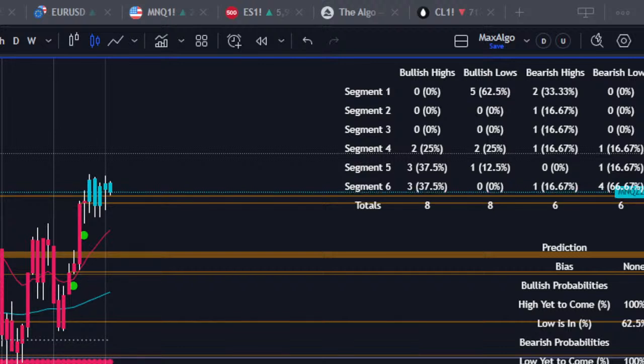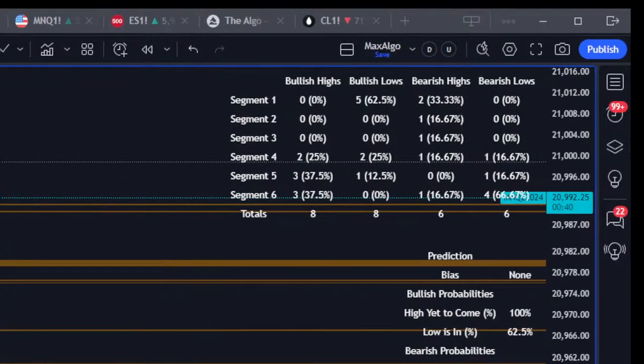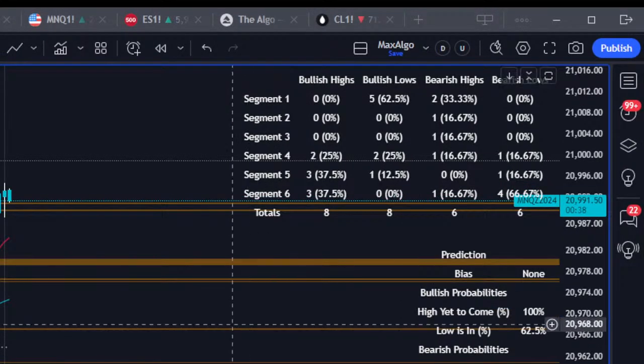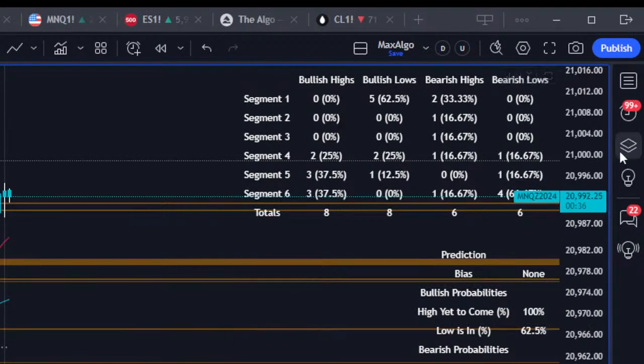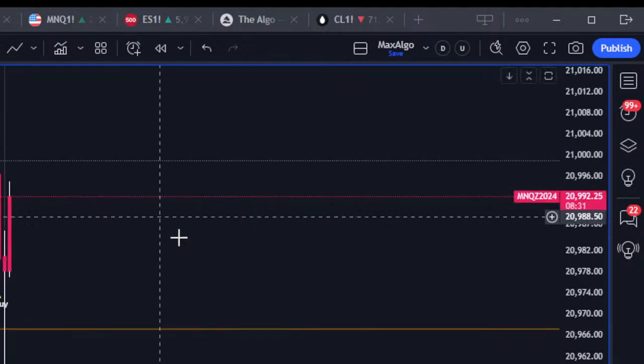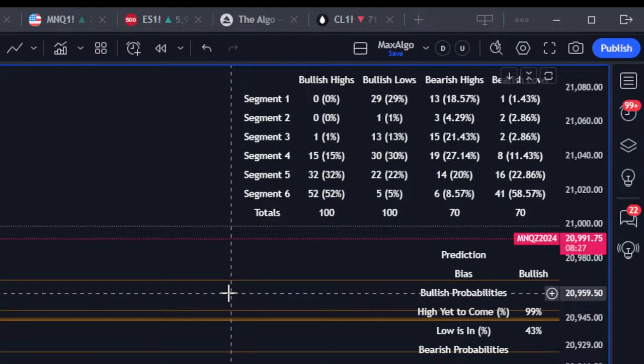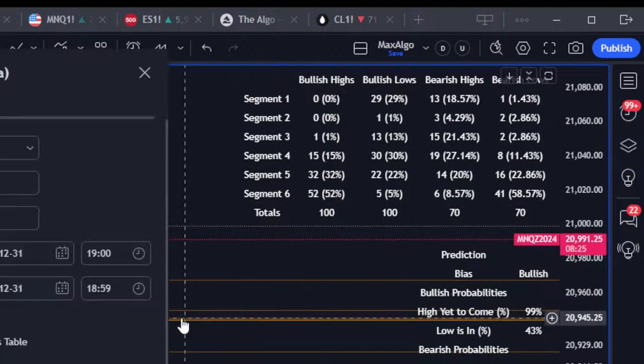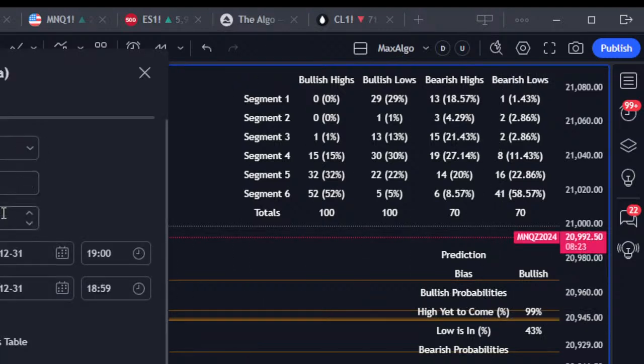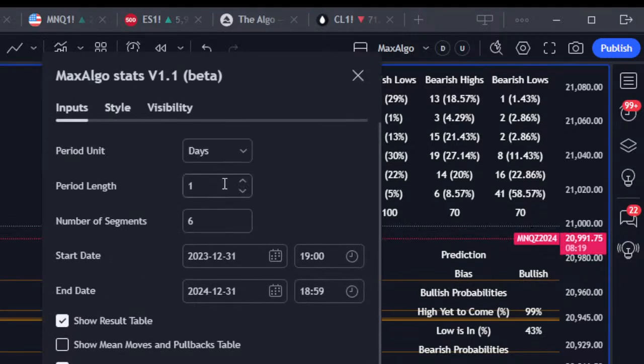Hang on a second. Right. We're using the daily.